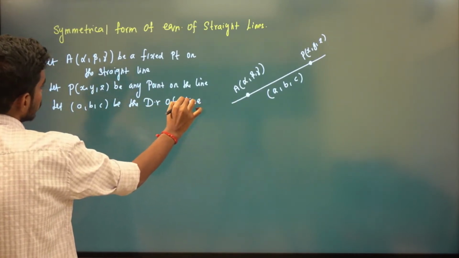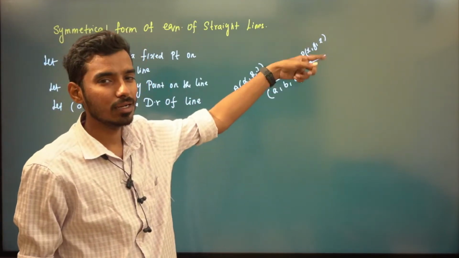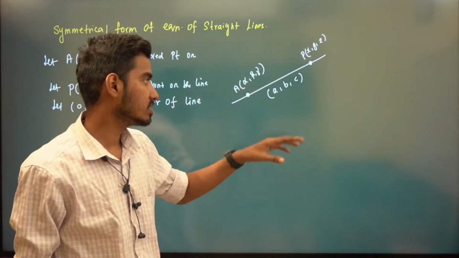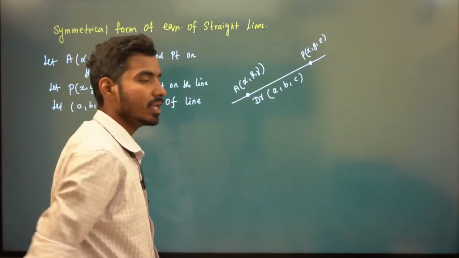So we have assumed three things. One is a fixed point, another is a variable point, which can be anything, x comma y comma z, and the line has direction ratio a comma b comma c.